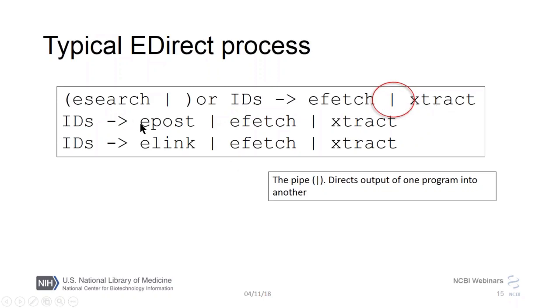If we have lots of IDs, we might want to use ePost to put them up into the history server, retrieve them, and then use extract to parse them out. Likewise, we could get the links from those. Say we want to have our protein records linked to PubMed. We could follow those links and get the information we want from those PubMed records using extract after we fetch them.